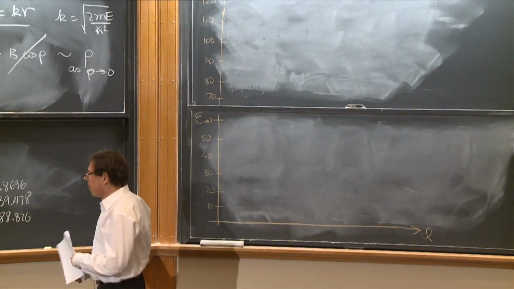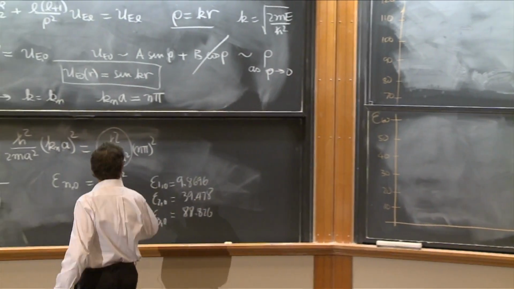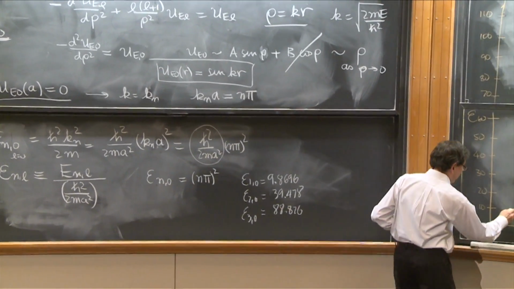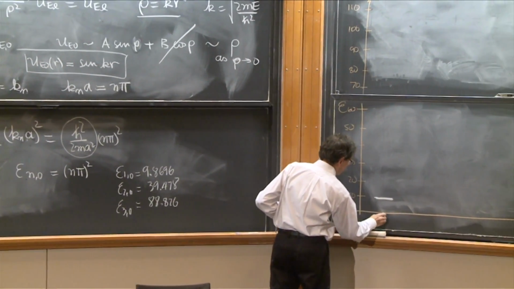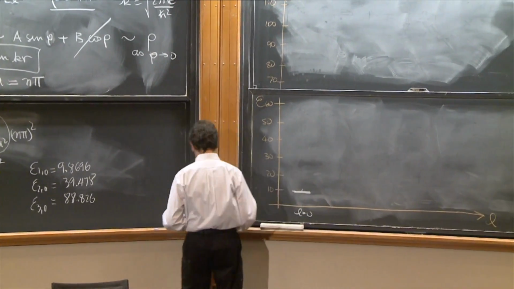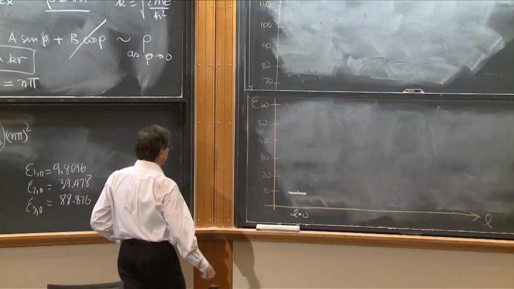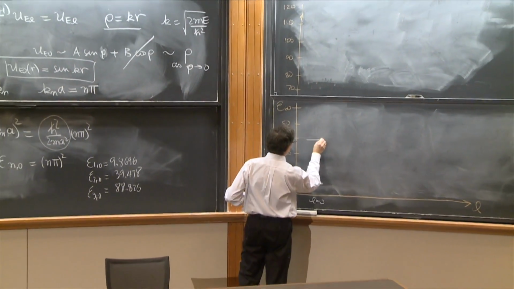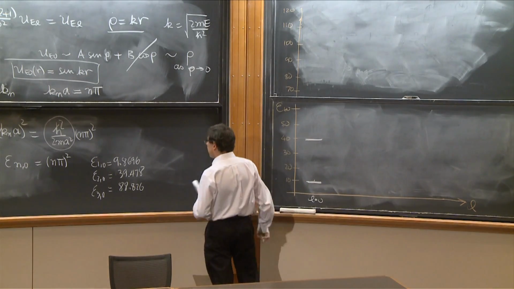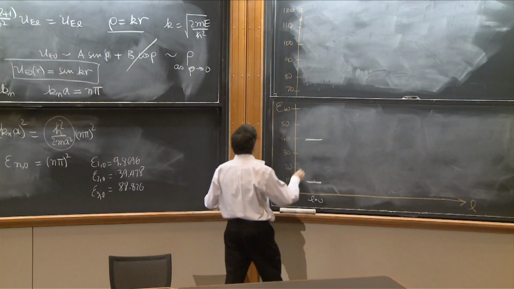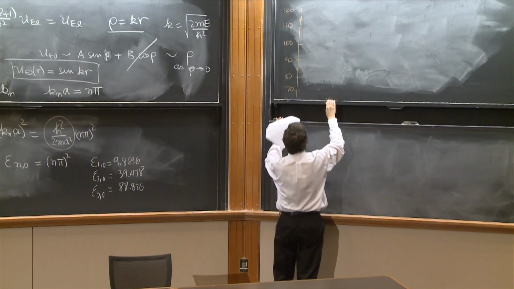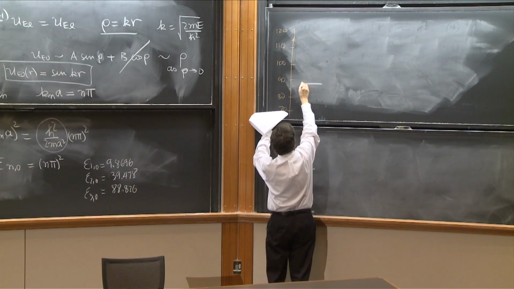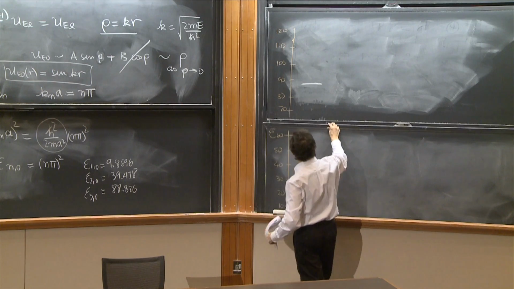So the first energy was 9.86, so that's roughly here. That's l equals 0. It's the first state. Second is 39.47, so it's a little below here. Next is 88.82, so we are here, roughly.